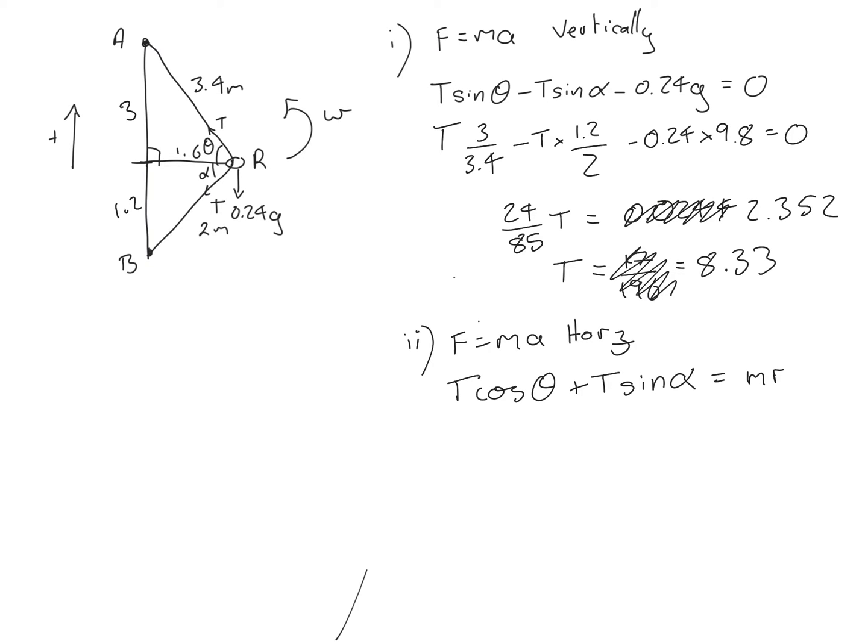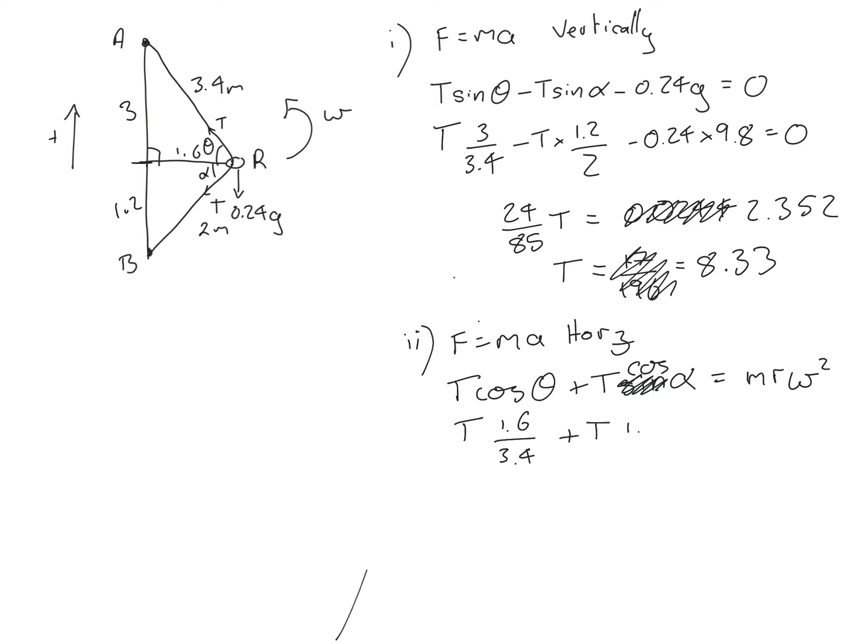Given that we want omega, let's do it in omega. Mr omega squared. We now know T, we know cos is going to be the adjacent, so that's 1.6 over 3.4 plus T times sine is, sorry, that's rubbish, cos alpha there.